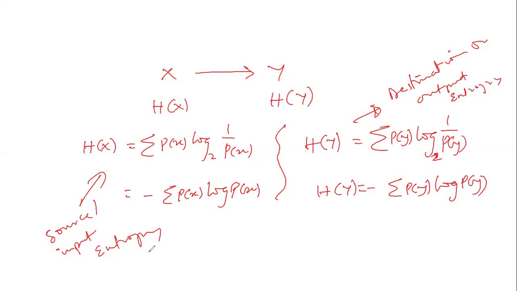Okay. So now if we have the source and the input entropy, then it will become necessary to define the entropy of the source relative to the destination and the entropy of the destination relative to the source. So when we send X and we get Y, we actually have on this channel the probability of receiving Y when X was transmitted.